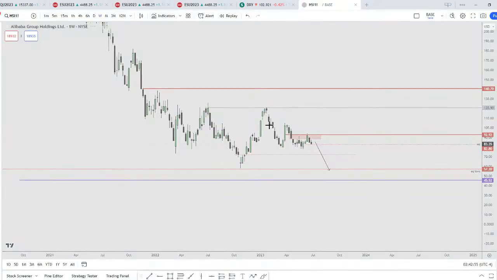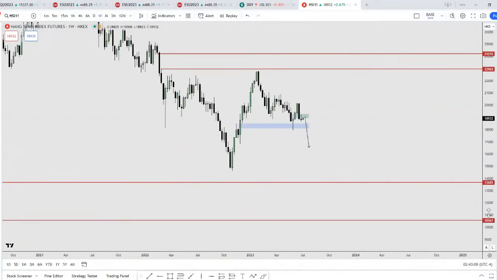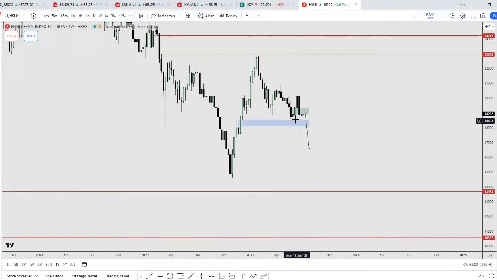So previously I was using Hang Seng Index to judge the willingness to move higher for BABA, right? Because Hang Seng Index has had a 3-week rally, creating a fair value gap within a balanced price range. But I wanted to see price close within the balanced price range. And then look what happened here.